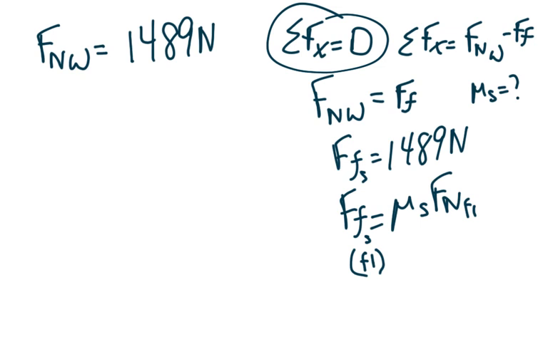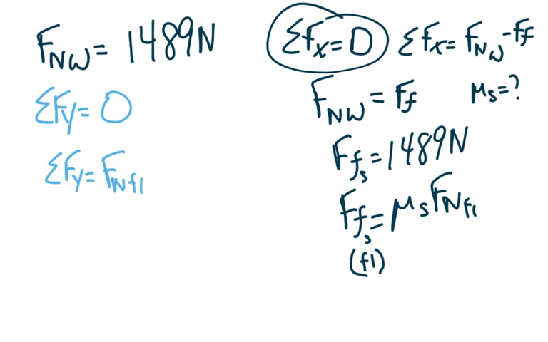So we can use sum of the forces for that. The sum of the forces in the vertical direction have to equal what if it's in equilibrium? 0. So we had 3 vertical forces. We had that normal force from the floor going up. We had the gravitational force from the ladder going down, and the gravitational force from the bear going down.